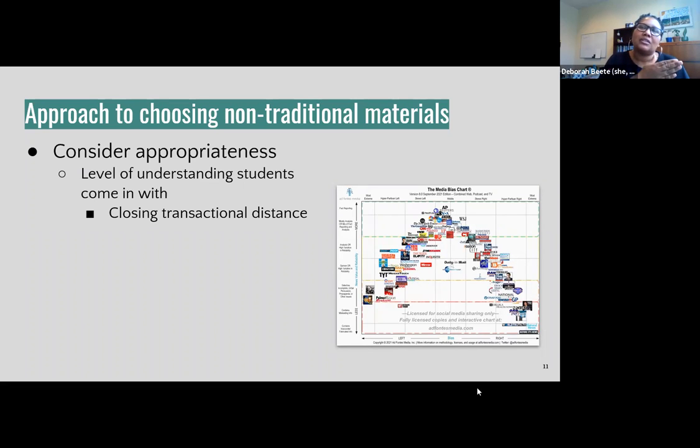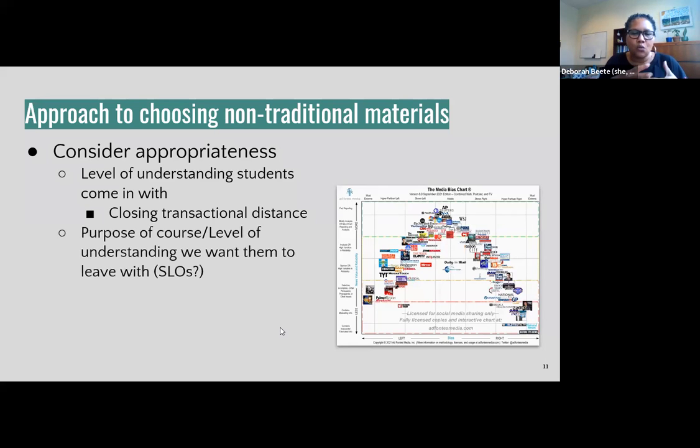Where are my students in terms of their capacity to learn and their ability? Even the types of materials I'm giving them, how easy is it for them to engage with that? And so closing the transactional distance is something that I think about with all of my classes. Not always great at it, but I try. So level of understanding students come in with is definitely one of them.